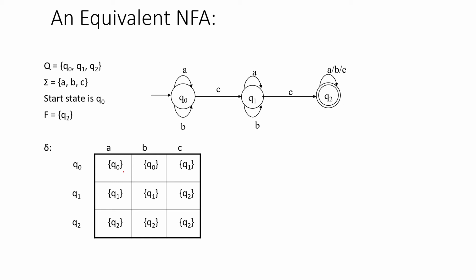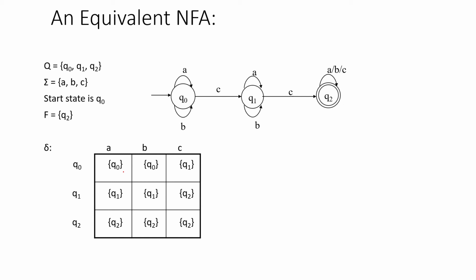Why is a set coming? Because there is a possibility to go to more than one state at a time. So we have to find what subsets are possible where the machine can go from a particular state.